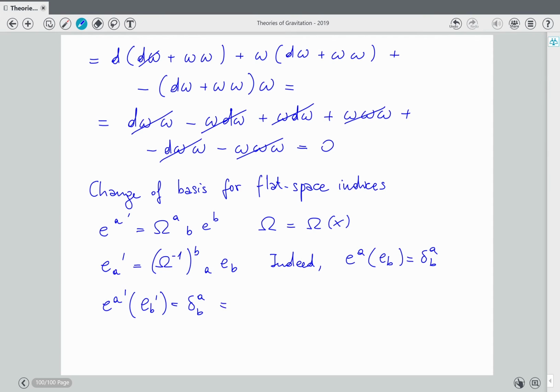And that is correct because e^A prime is omega A C e^C form acting on omega minus 1 B D E D. So when this is a differential, this is a vector, differential of a function times a vector, the function goes out.